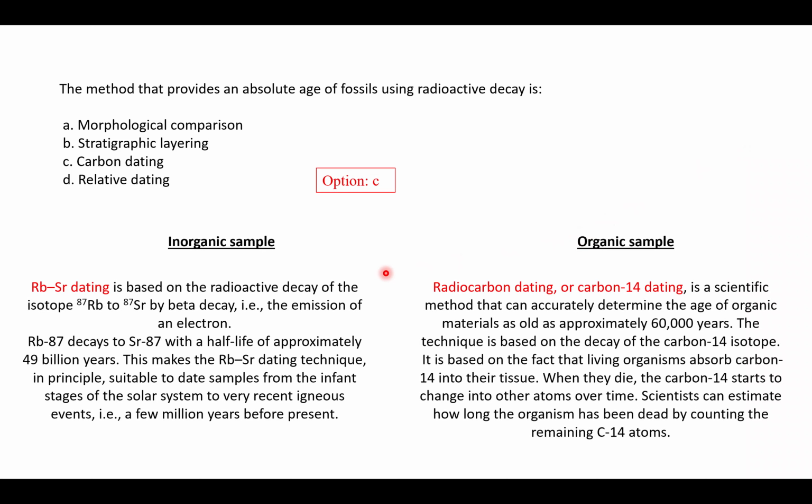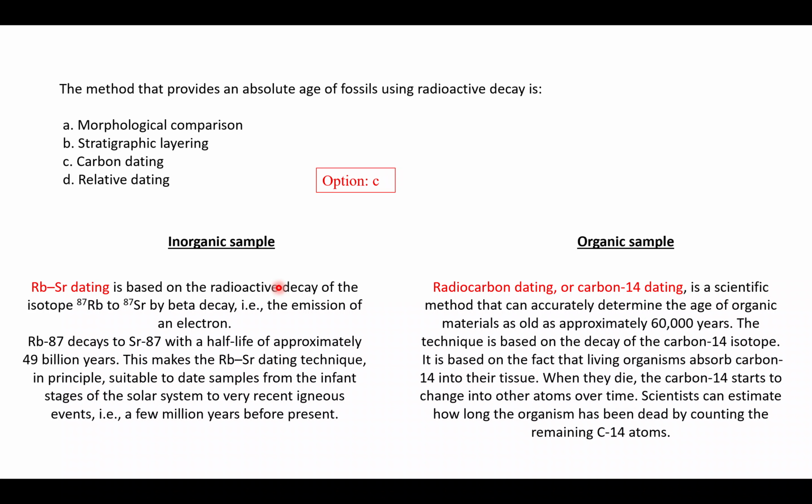That will be an inorganic sample. If you have an inorganic sample, the method is called rubidium-strontium dating, which relies on the decay of rubidium to strontium, which has a very high half-life. By figuring out how much strontium-87 is in the rock, you can calculate its age. It is a very complex equation. I'm not telling you the equation, just the theory. By doing the rubidium-strontium dating method, you can calculate the inorganic sample age.